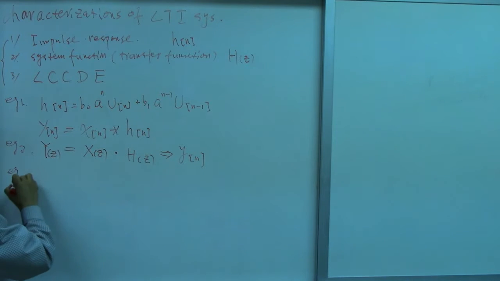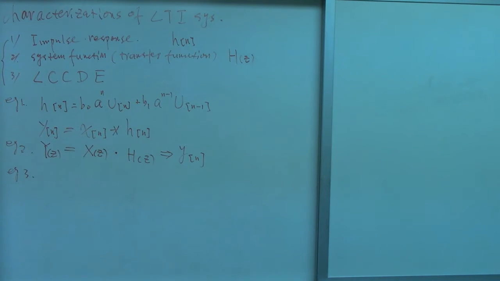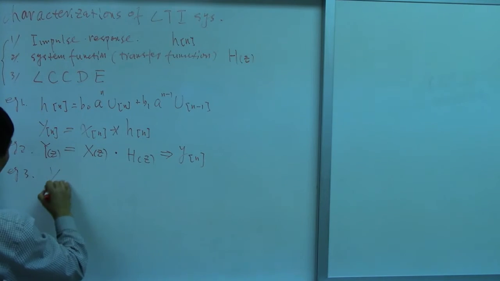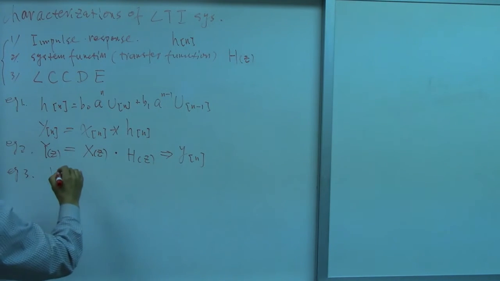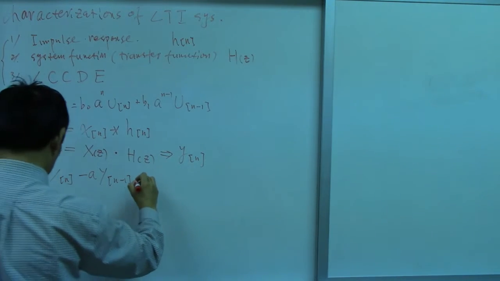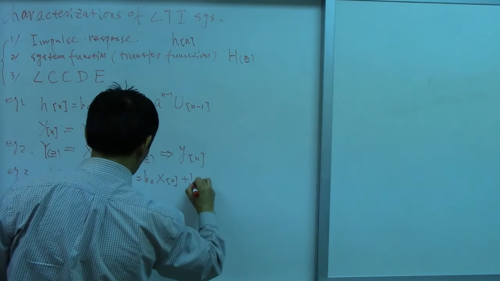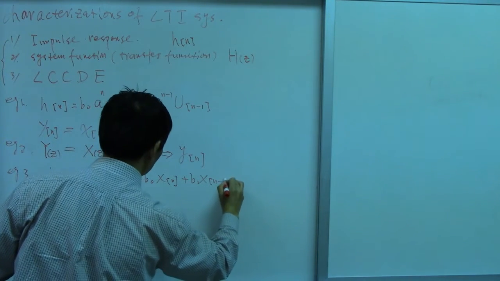Alright, the third example is if the system is given by a linear constant coefficient difference equation. For example, y[n] minus a y[n minus 1] equals b0 x[n] plus b1 x[n minus 1].